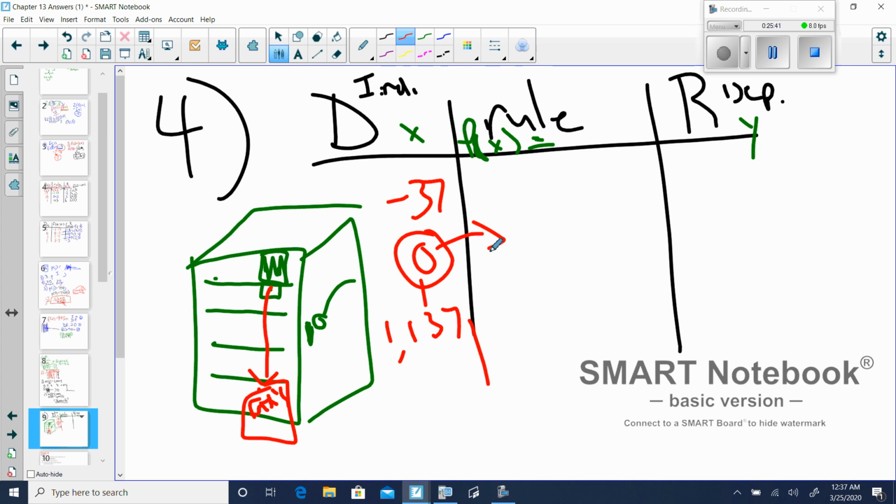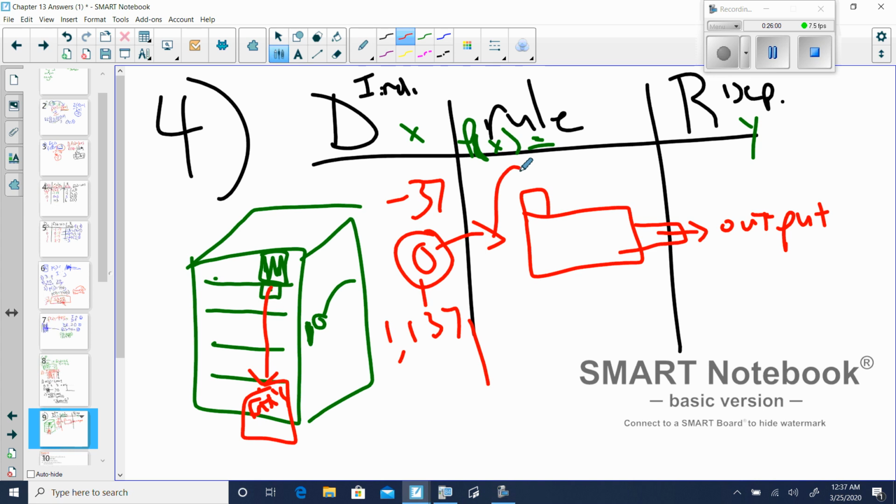Our rule's like a little machine, and once we substitute this value into the machine, what pops out is our output. So here we go. Let me take the arrow and put it in here. So we have the input, goes through our little machine, comes out here, and it becomes our y. So that's how the two are related.